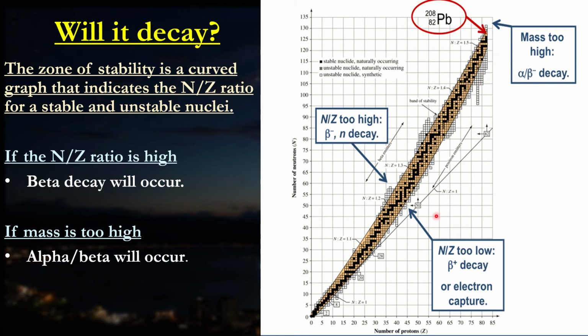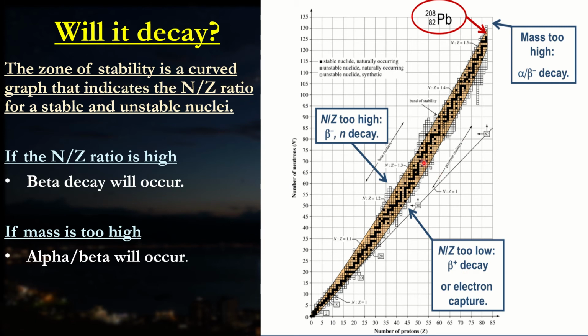You never know. If the ratio is too small, we get a thing called positron decay. Now you know that a positron is basically the positive antiparticle of an electron. This kind of explains what's happening.